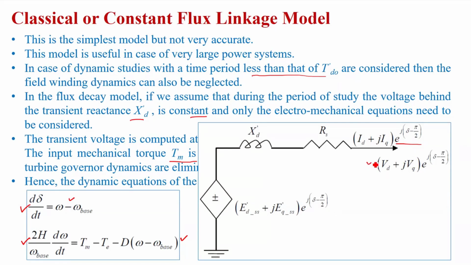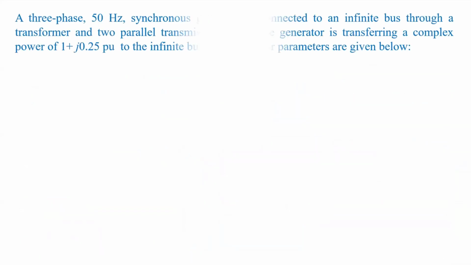Similarly for the terminal voltage, and the internal voltage is also converted to the common reference frame by multiplying by e to the power j(delta minus pi by 2). So this is your classical model, where we stopped in the last class.